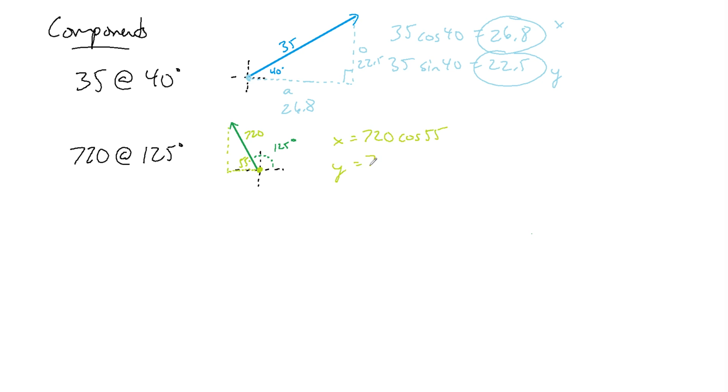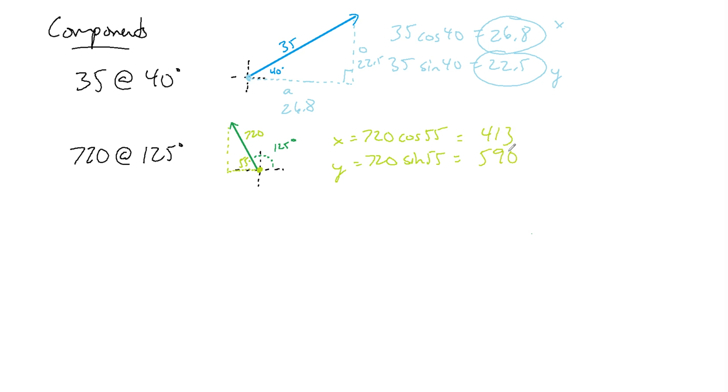For my y component, I'm going to do 720 times the sine of 55, in order to find out how far sideways and how far up and down. So 720 cos 55, we'll round, gives 413. 720 sine 55 gives about 590. And there's my x component and my y component.